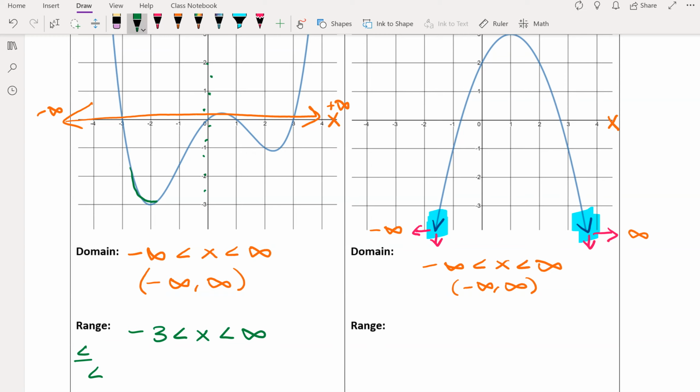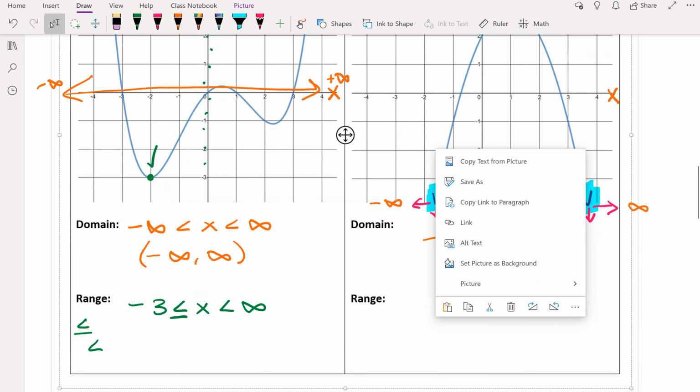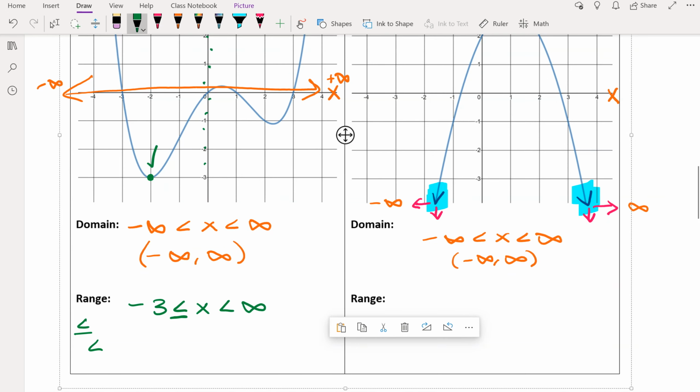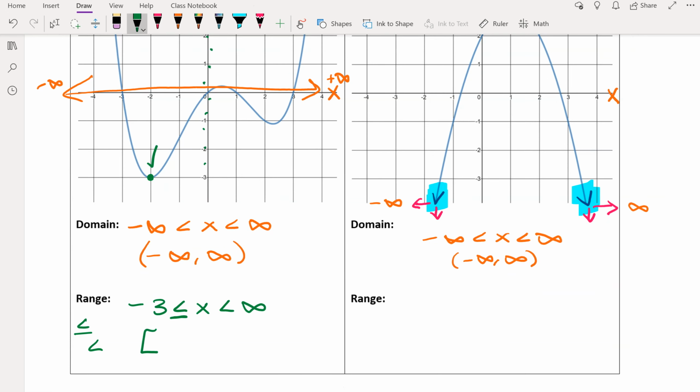If your function comes and touches that y value, if it meets that height exactly, then yes, there's a point there, and your y value actually equals negative 3. So we need to put less than or equal to negative 3. And then instead of writing a parenthesis, now we would write a bracket. If it's equal to, you write bracket negative 3, comma, infinity. Infinities always get parentheses because you can't equal infinity.